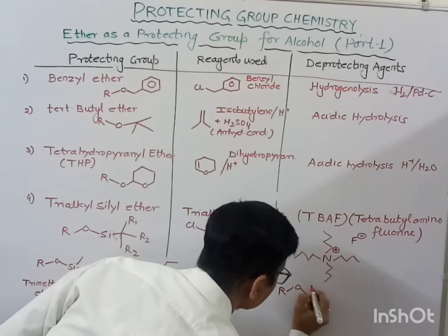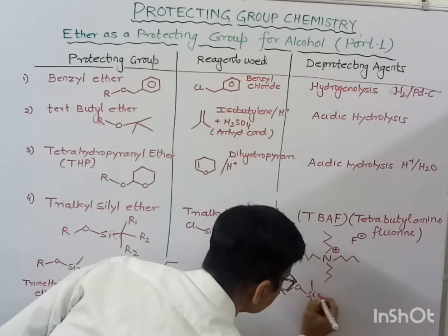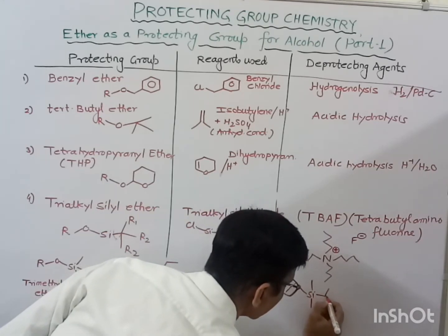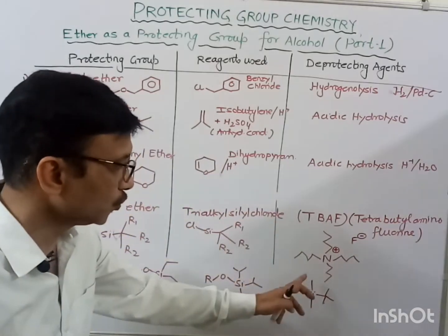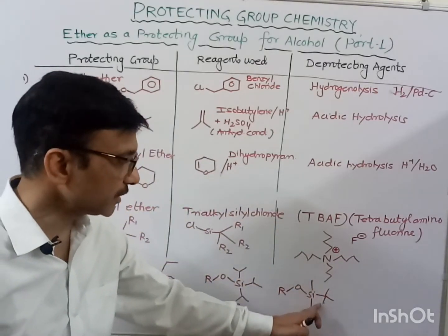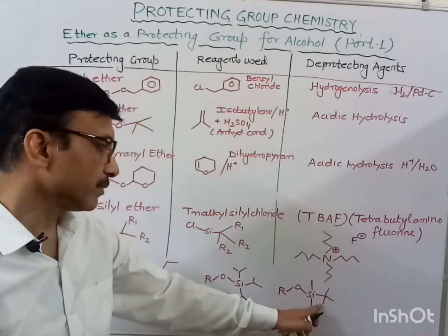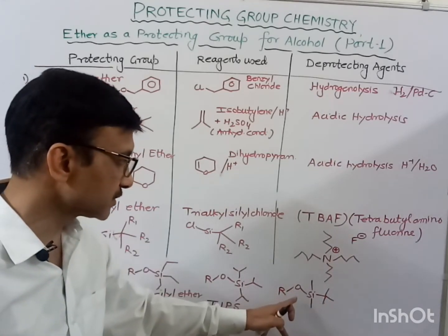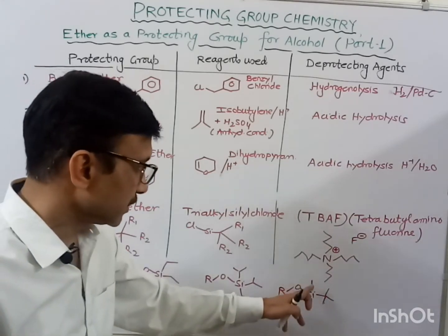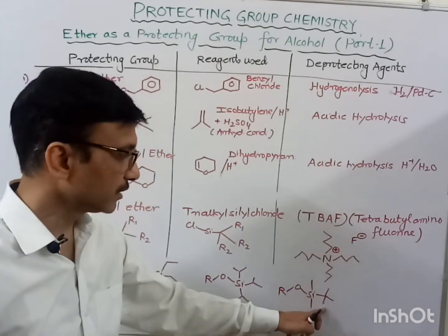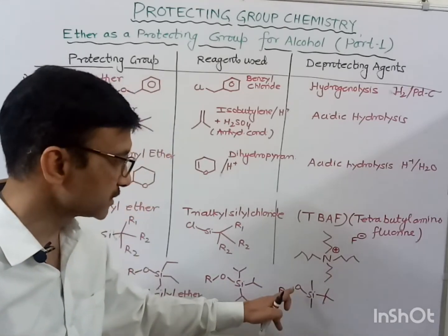Here two methyl groups are present and one tertiary butyl group is present. So it is tertiary butyl dimethyl silyl ether.